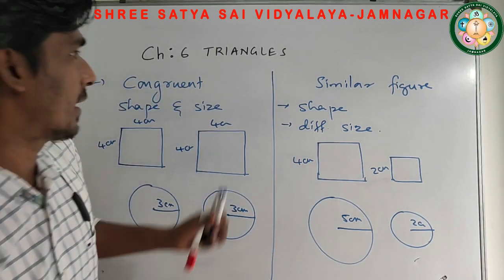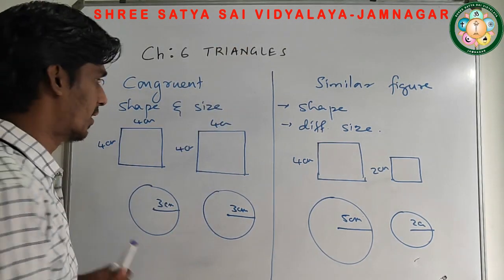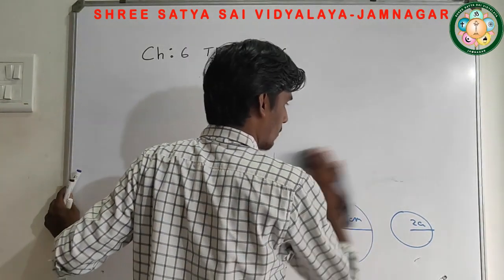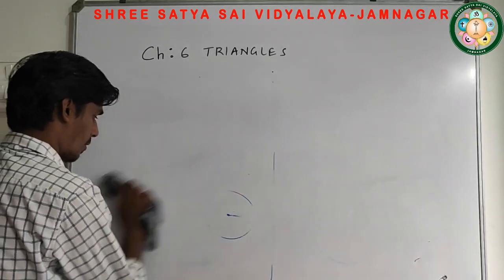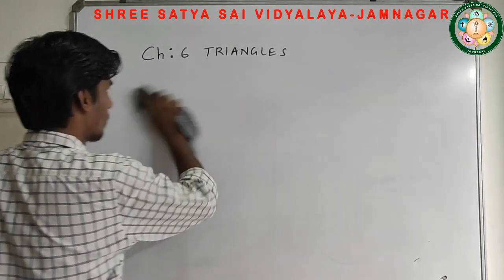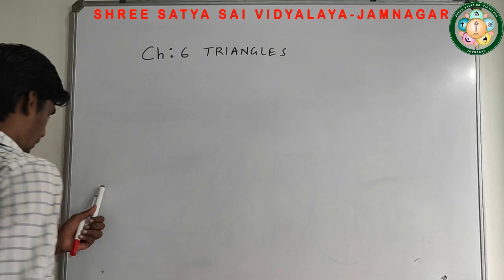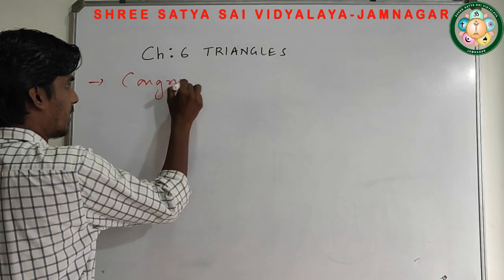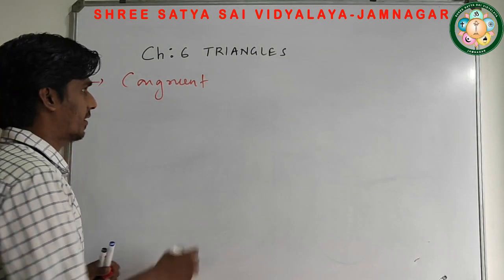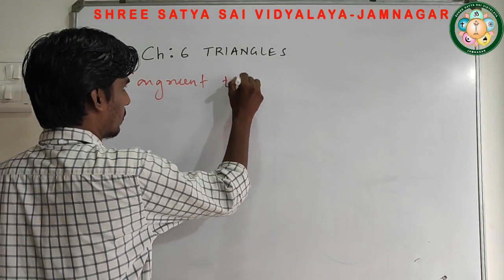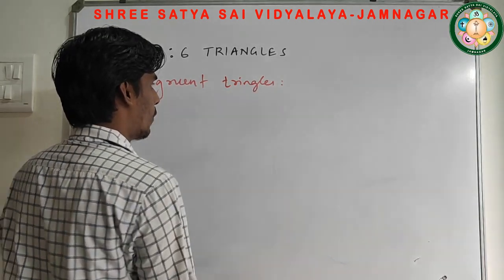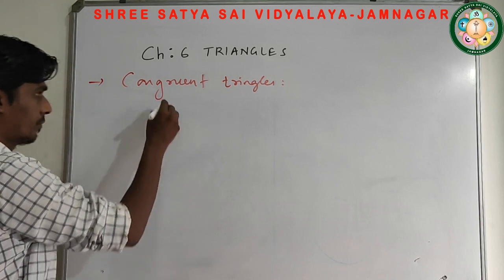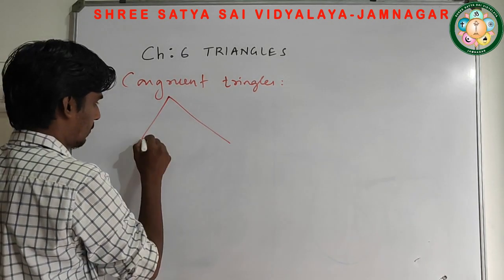Now we'll take this concept by using triangles. Congruent triangles we already studied in class 9. What are congruent triangles? First of all, for congruent triangles, the corresponding angles are equal. Let's take one example.